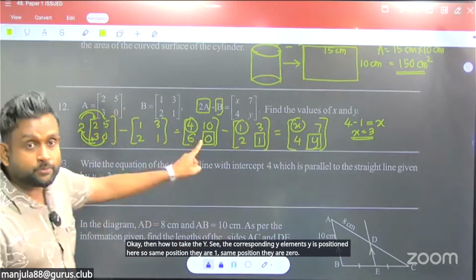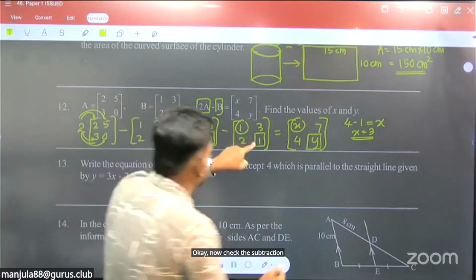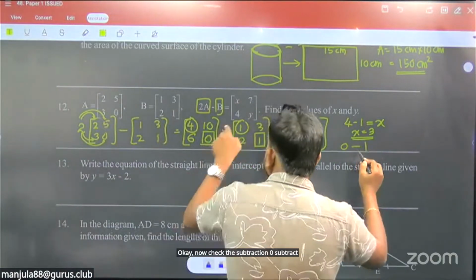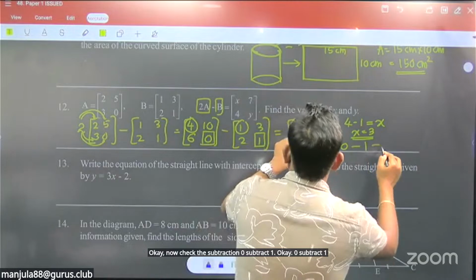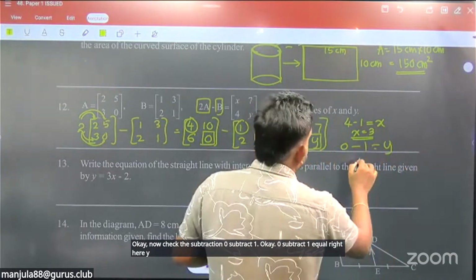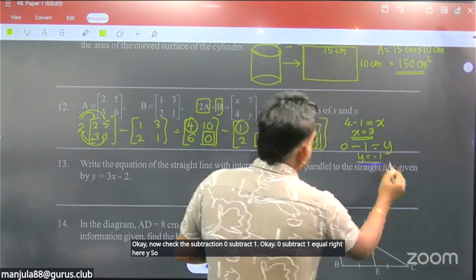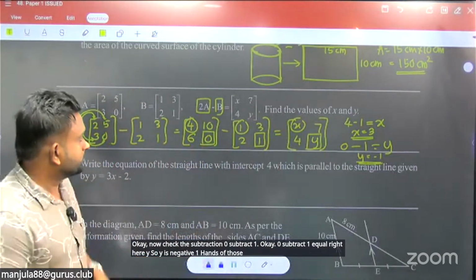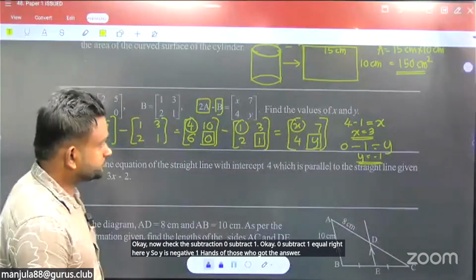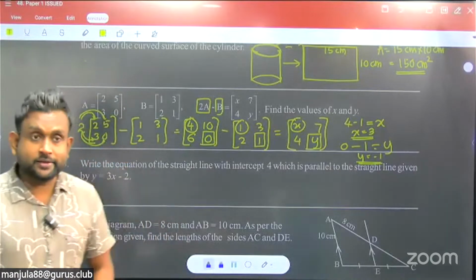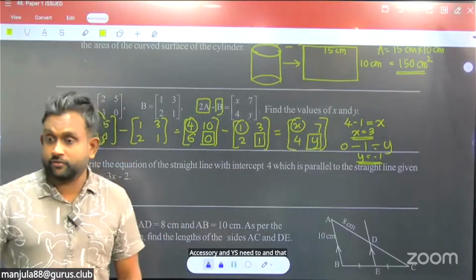Now check the subtraction. 0 subtract 1 equals y. So y is negative 1. Hands up those who got the answer. x is 3 and y is negative 1. That's a good question under matrices.